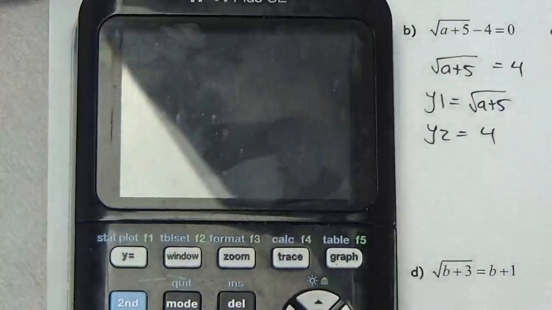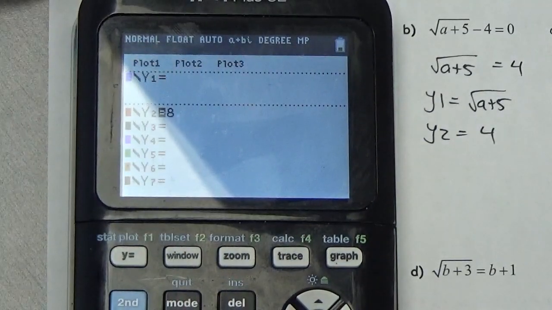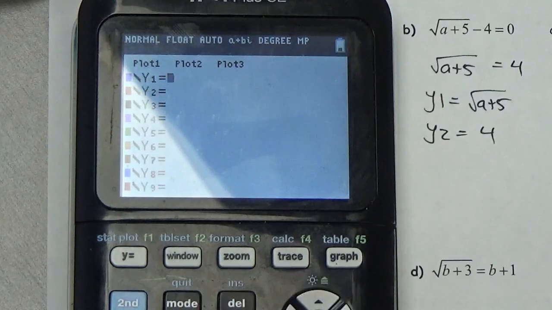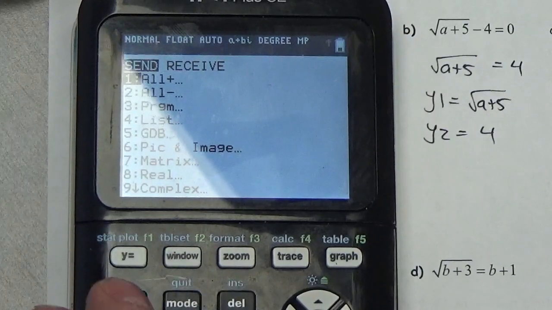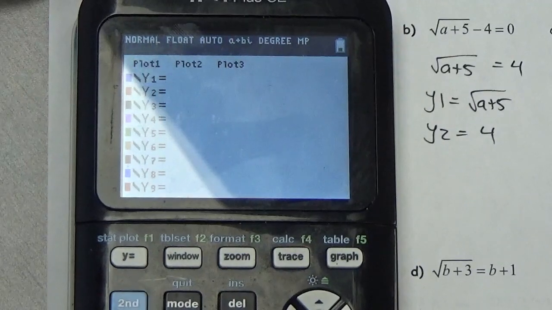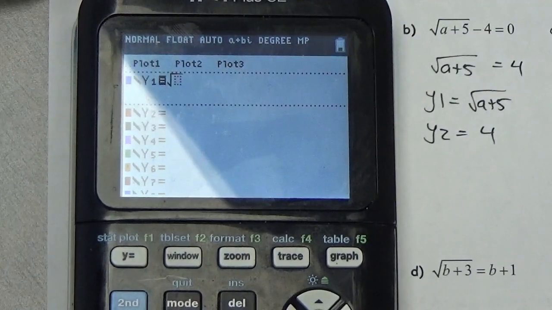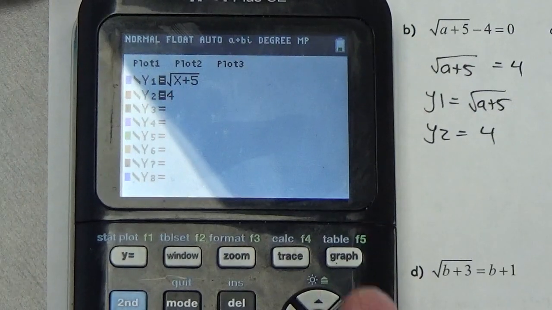Go to the calculator. Whoops, it's off here. So Y equals the square root of, it's got to be x plus 5. We go down to the next line here, 4.